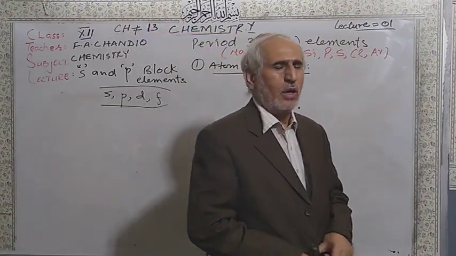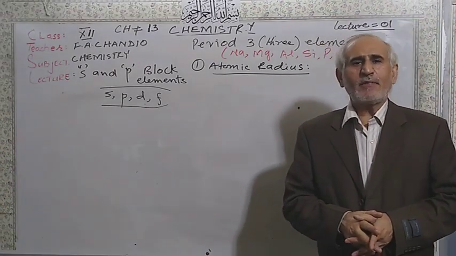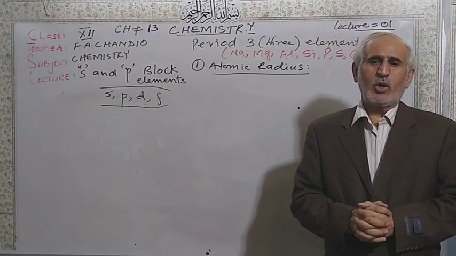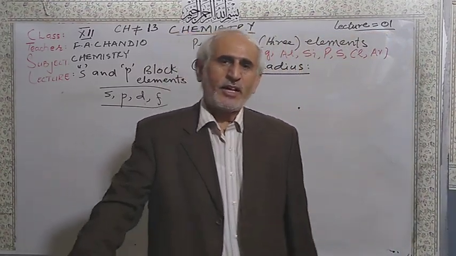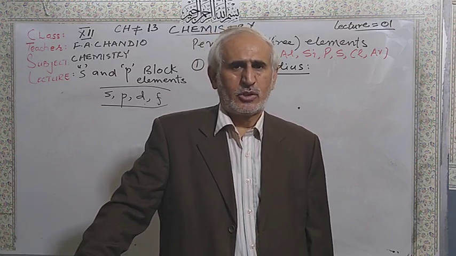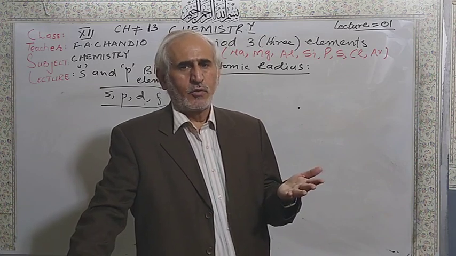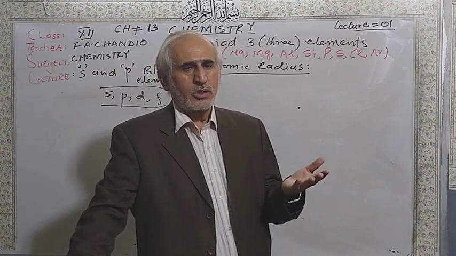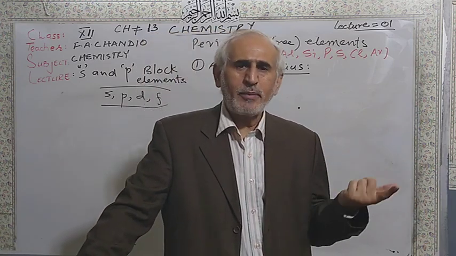If you go in detail, an atom is a very small particle, the smallest particle, which cannot be seen with our naked eyes. So if it is a very small particle which cannot be seen, how do I measure its size? How can I measure the size?